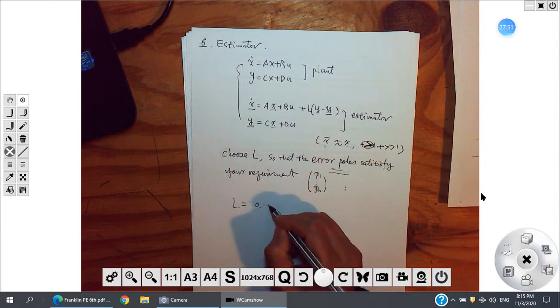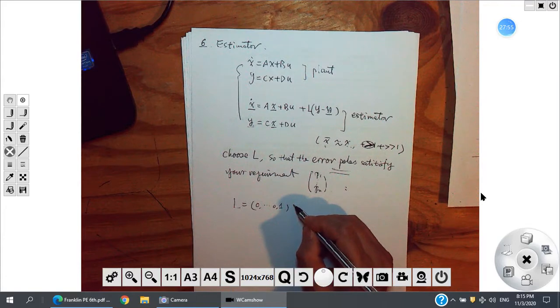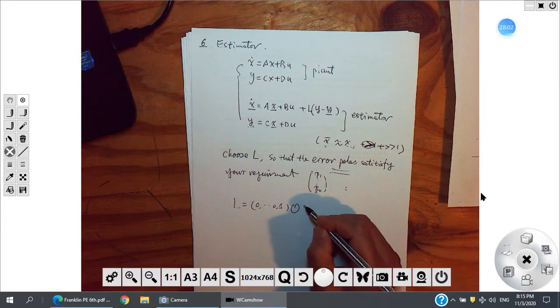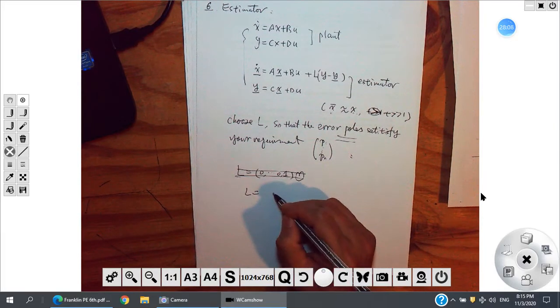I need O, I use O. Not this one, I can't remember this. I write this one. L will be the acker function.